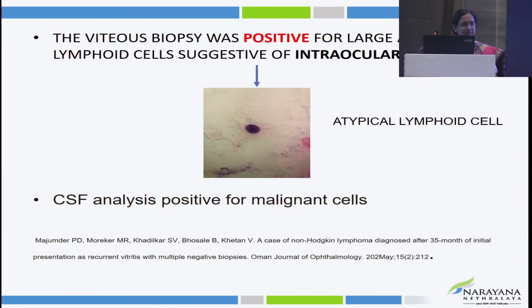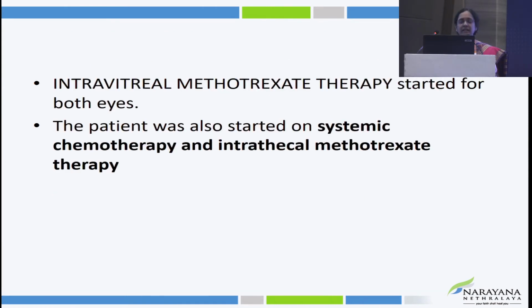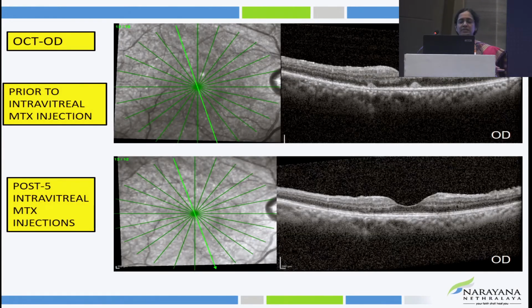So we did a repeat vitreous biopsy, which came positive for intraocular lymphoma. CSF also showed positive for malignant cells, and this patient was started on intravitreal methotrexate, systemic chemotherapy and intrathecal methotrexate therapy. This is prior to the therapy, and this is following 5 intravitreal methotrexate injections.